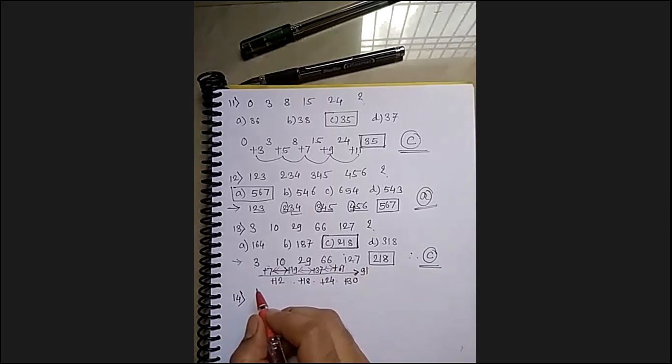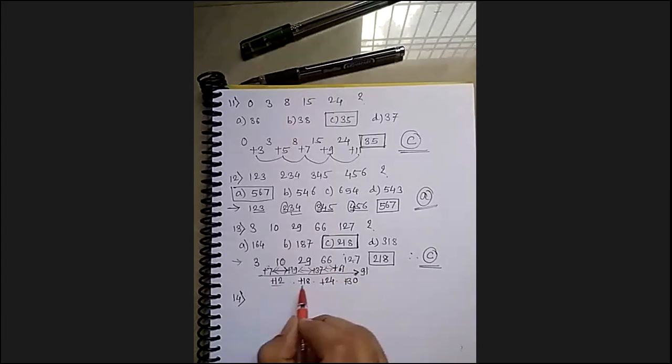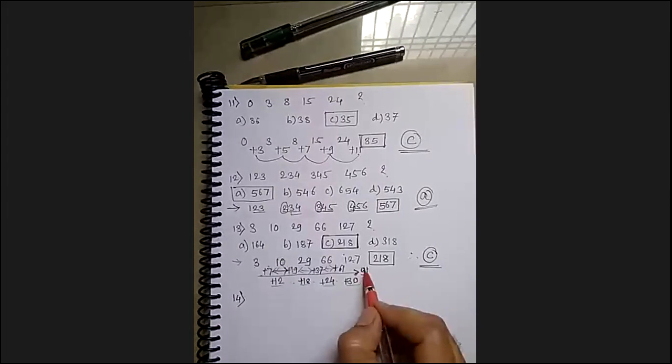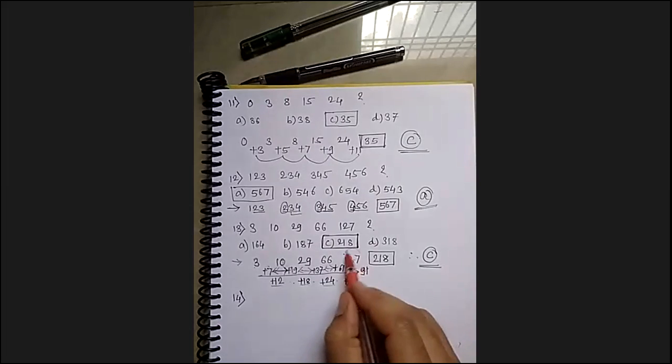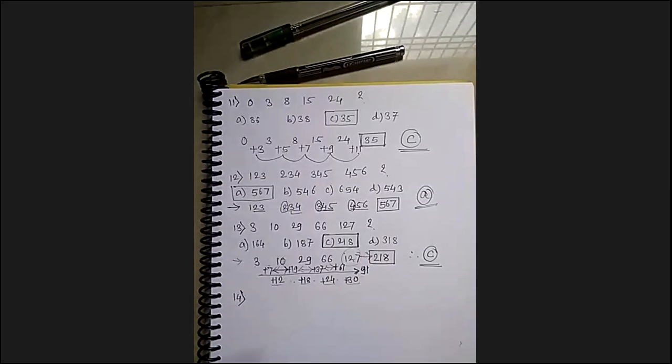Here this will become plus 12, 18, 24, 30. So this 30 plus 61 becomes 91, and that is your number. Therefore, simply add it to this number and you get the answer. So this is the logic of this particular question.